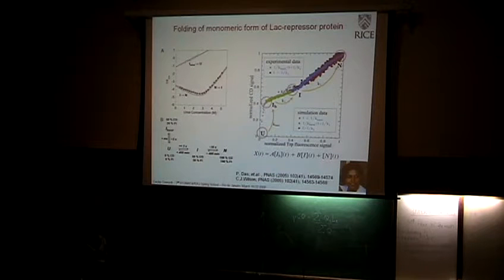For the native state, just assume that you have your full signal, because you normalize between 0 and 1. And we can make a very simple theoretical estimate of both the CD signal and the fluorescence signal.